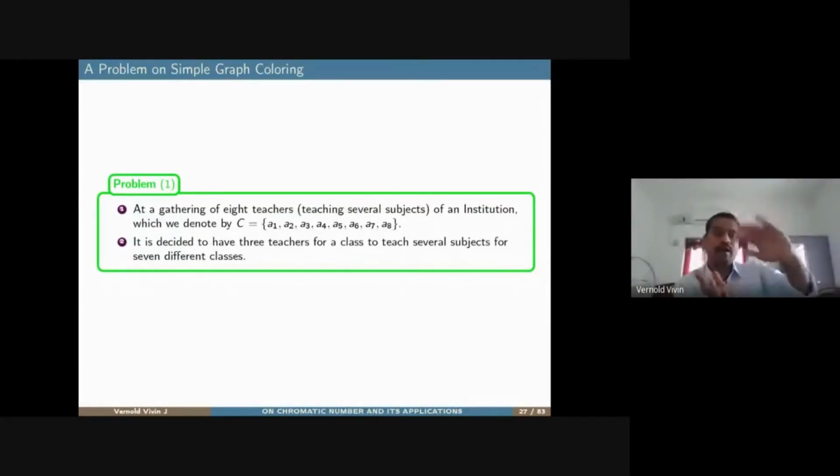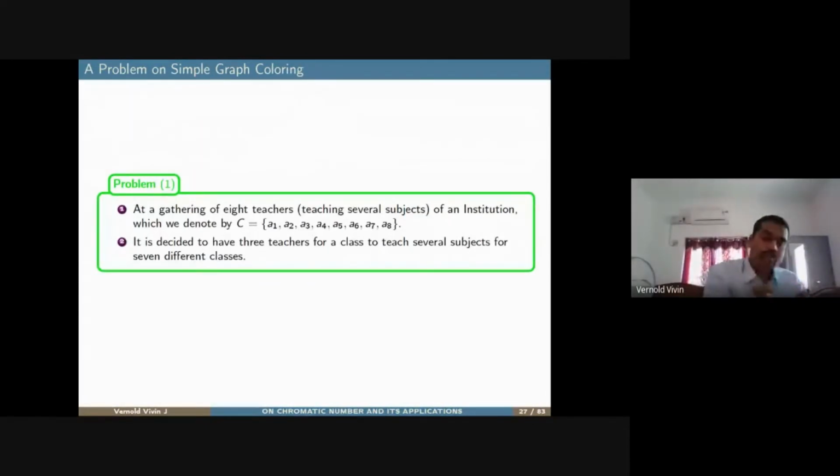There are 2 shifts: the first shift in the morning session, and the second shift in the afternoon session. So 8 teachers will teach several different subjects, and there are 7 classes to be conducted in one shift, and each class will have 3 teachers.